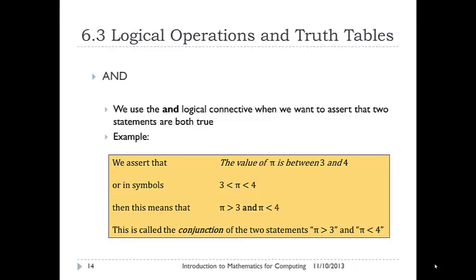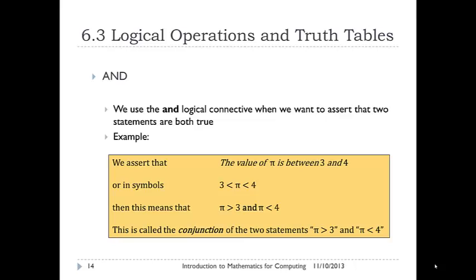So in this case we can see that given that one initial statement, we can split it into its comprising parts, made up of two statements brought together using this word AND, this operator that we're going to use. This is called the conjunction of the two statements: pi is greater than 3, and the second part of the conjunction, the statement pi is less than 4.